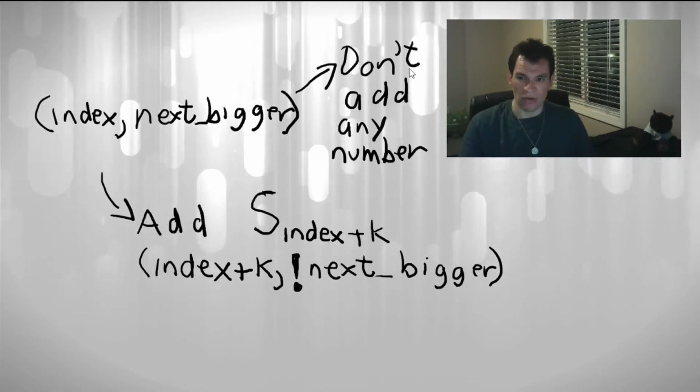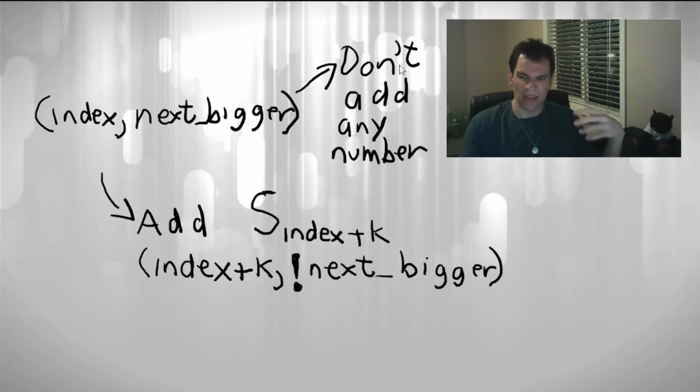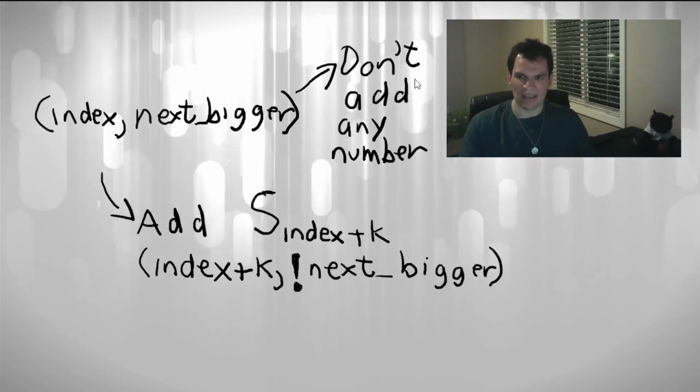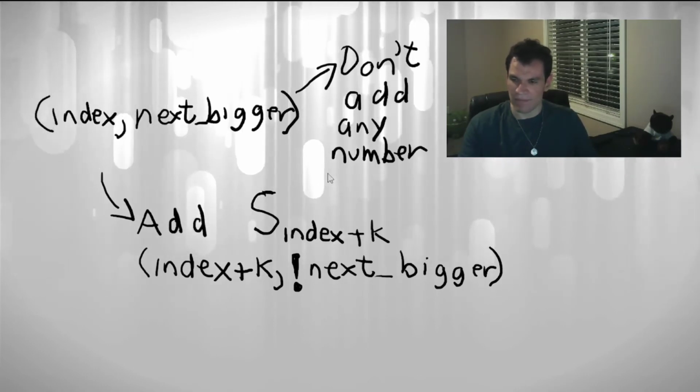One is to not add any number and just finish the subsequence like that. This is basically the base case of the recursion.